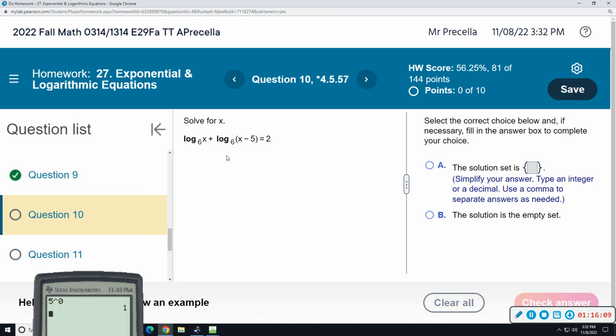So how would I condense those? I'm going to write log base 6. Will there be a fraction bar? No fraction bar. If that plus had been a minus, there'd be a fraction bar.